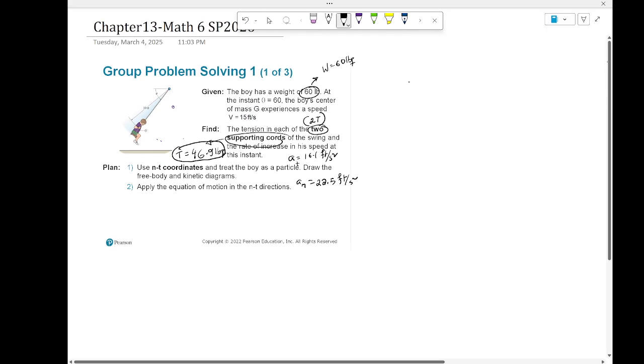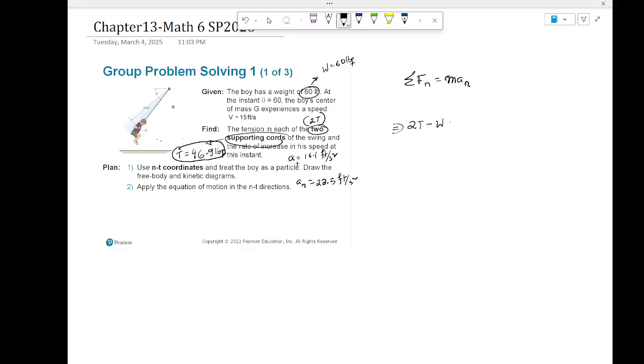But when you're trying to equate them, let me write this equation. I know this is confusing. F n equals m a n, right? You are in this form. Now you have 2T minus W sine 60 equals m a n.